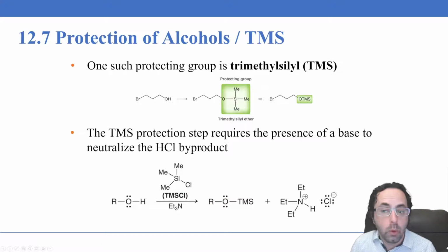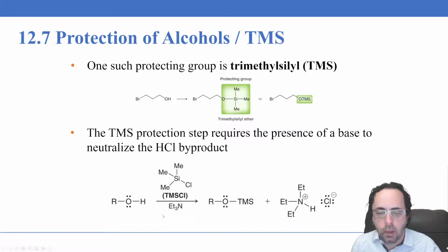In terms of what we will protect it with, we're going to replace the proton with a trimethylsilyl group. Trimethyl, 3 methyls, and silicon, silyl. Trimethylsilyl. And we can call this for short OTMS. Okay. So we're going to react this with chlorotrimethylsilane. And we're going to do this in an amine, aprotic type solvent.